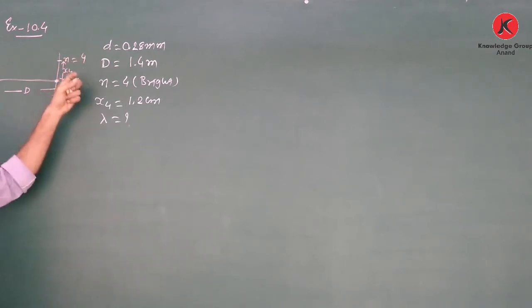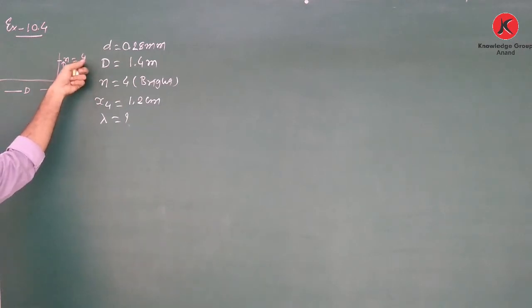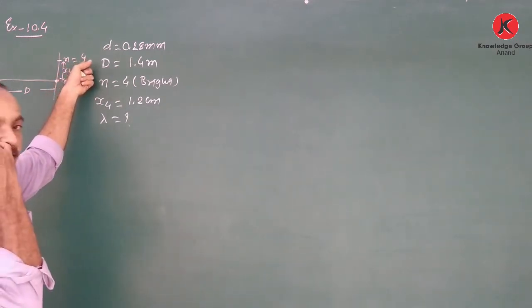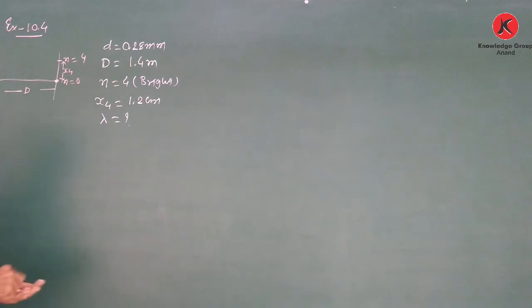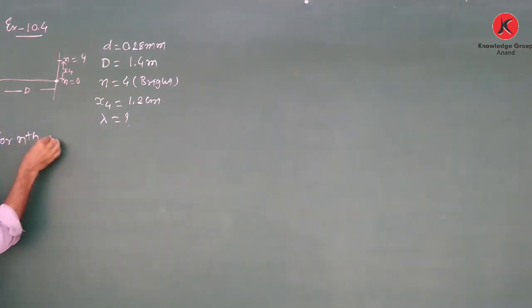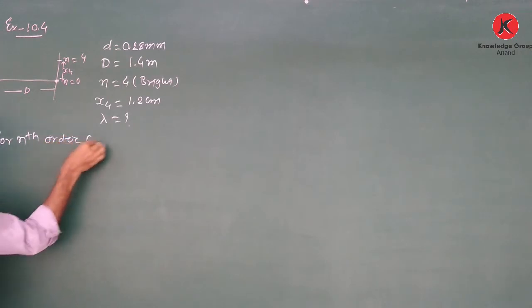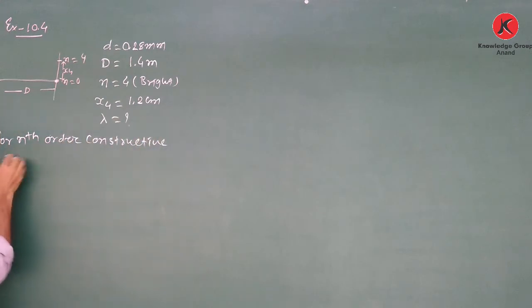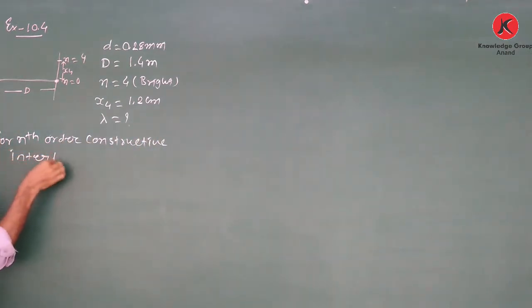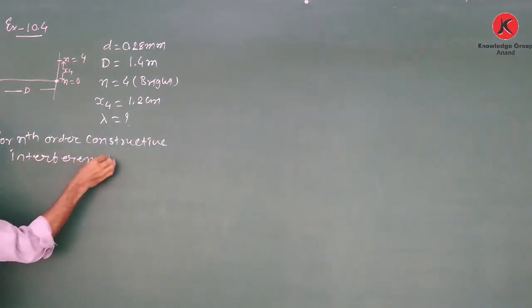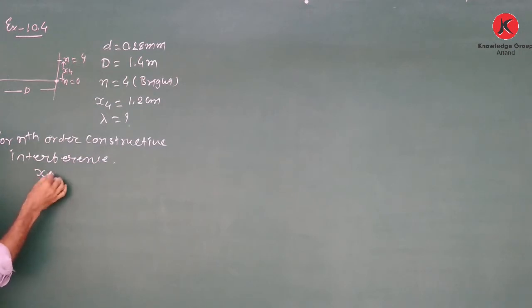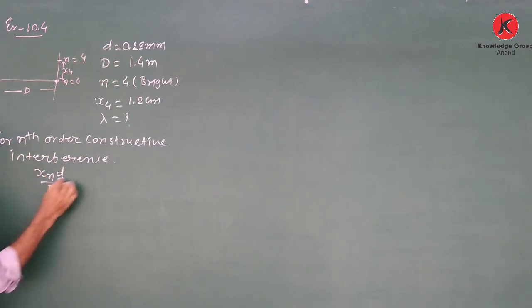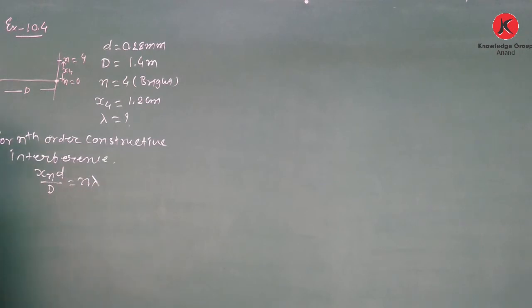Here, bright fringes are given. Therefore, at this point, constructive interference takes place. Therefore, for the nth order constructive interference, x d upon capital D is equal to n lambda.